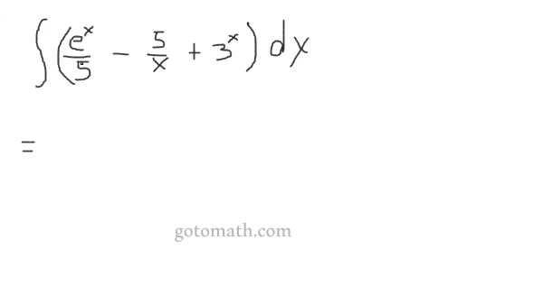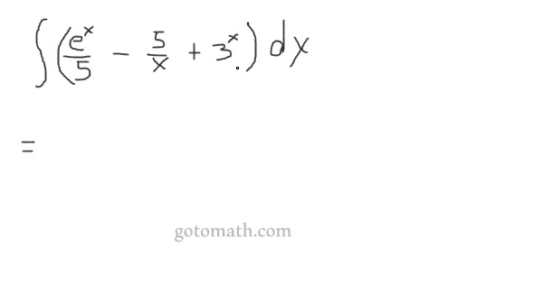dx. Well, I think we worked one that involved e, but if you remember that the integral of e to the x is just e to the x, and of course this 5 down here is not going to matter. The reason for that is I'm going to actually do something, since this is the only problem I'm going to be working.